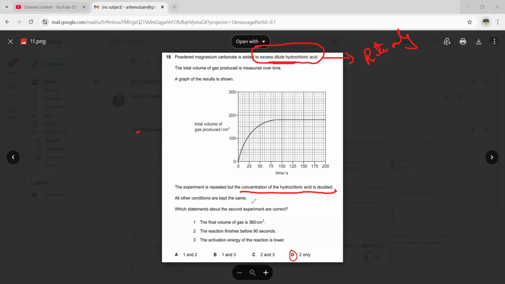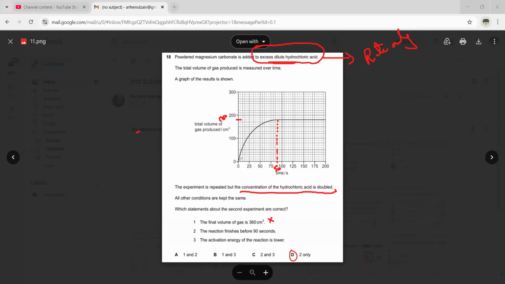So all conditions are the same, with a statement about the second experiment. This experiment completed around, let's say, 90 seconds. So which statement about the second experiment is correct? The final volume of gas is 360? No, it won't be 360, it will be 180, because we just changed the excess reagent.